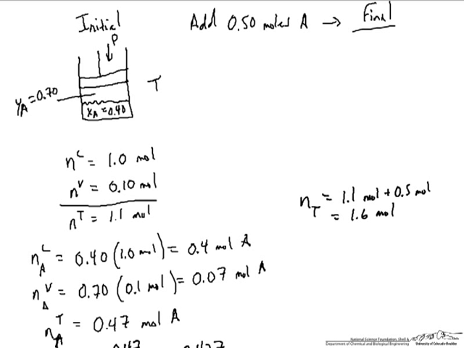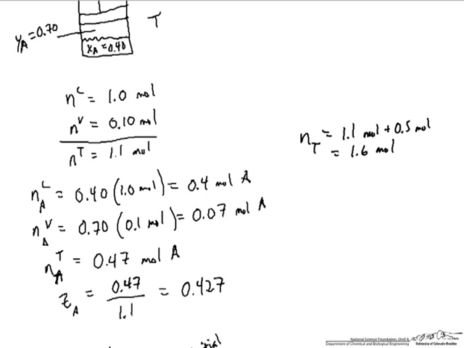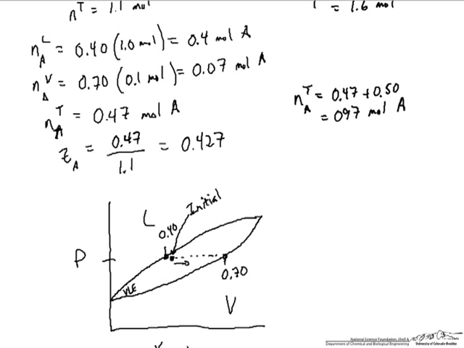Furthermore, we know that in the final state of the system, we have a total number of moles of A that, because we added half a mole of A, is equal to the 0.47 that we started with, plus the half that we add. And so now we have 0.97 moles of A. Okay, and so this enables us very quickly to calculate what the Z sub A value should be.